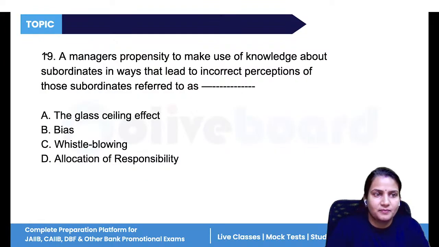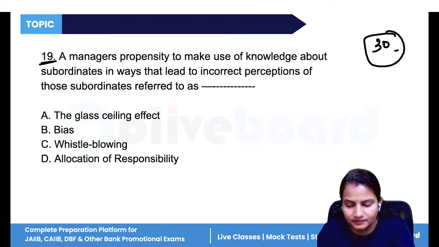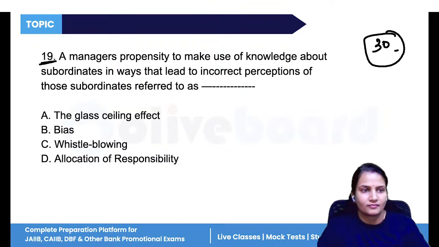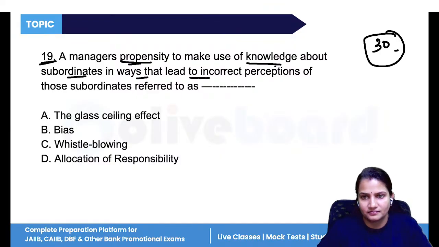Now, next question number 19. Total 30 questions we have in today's session. A manager's propensity to make use of knowledge about subordinates in a way that leads to incorrect perception.